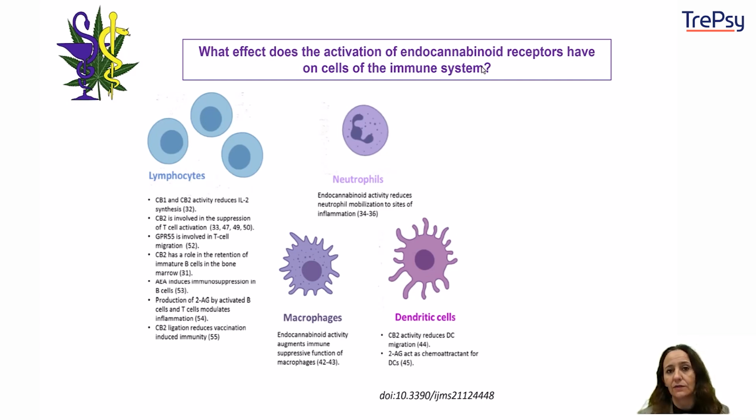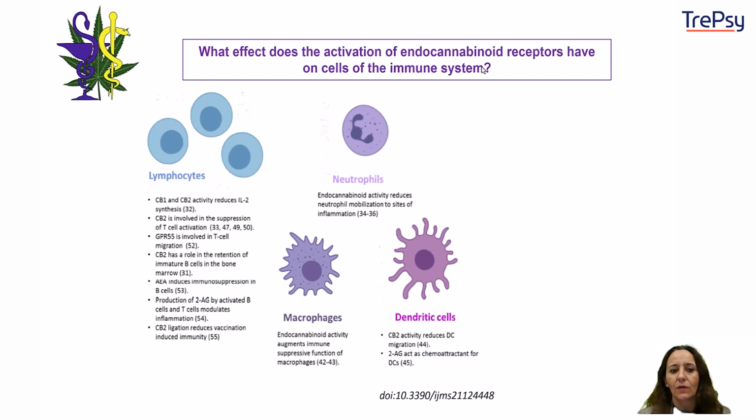Imagine that the neutrophils are promoting this inflammation in a disease situation, and that we can stop this inflammation with CB2 or the endocannabinoid system in this sense. So that's the importance of this receptor here.